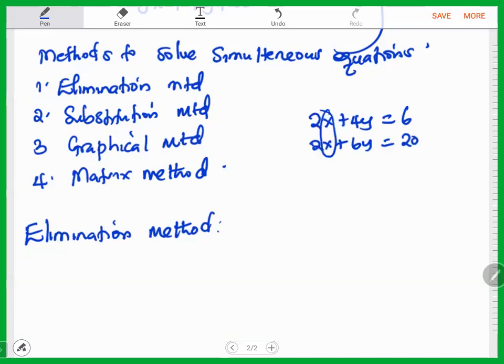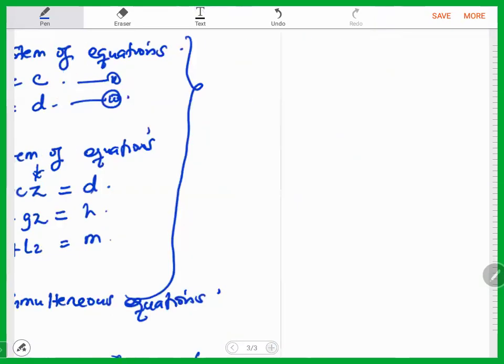Had I found that this was a -2, I'll simply add to ensure that I get a 0. Eliminating one of the variables enables me to obtain the other. Remember, when I say solve the system of equations, it means get the value of x and y. For example, example 1.